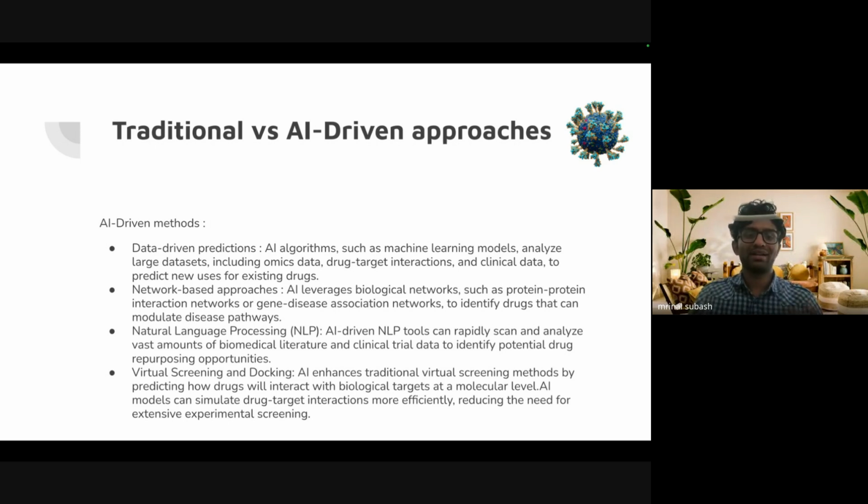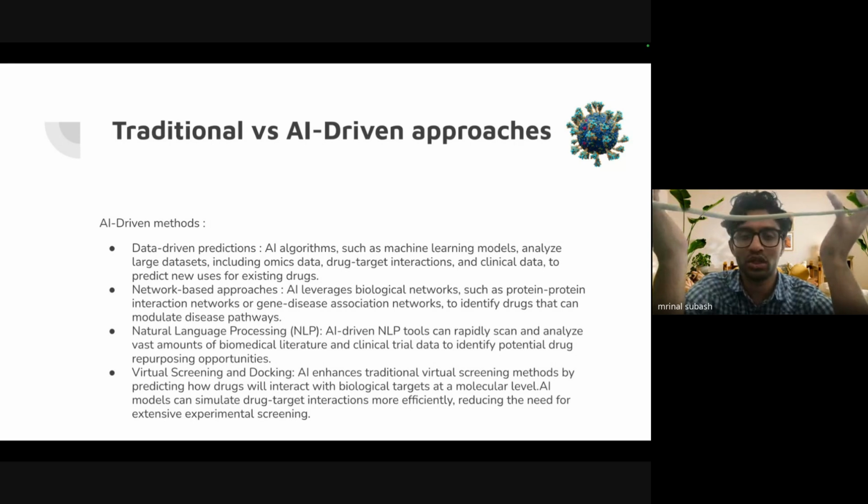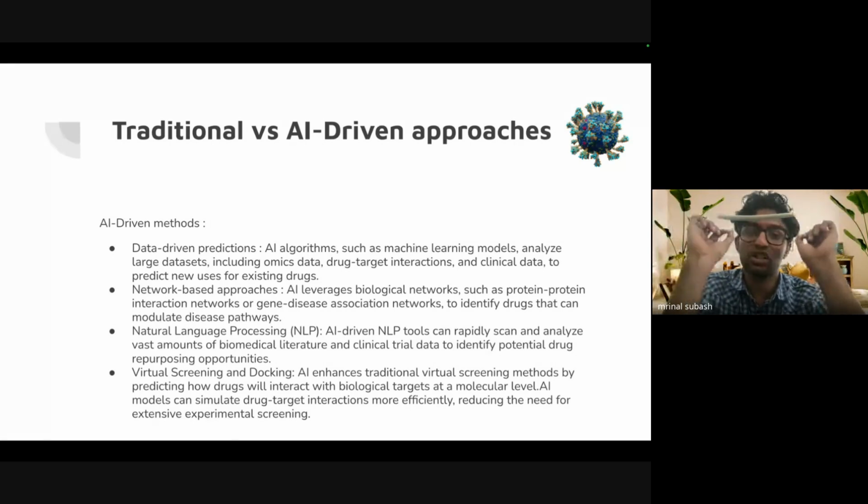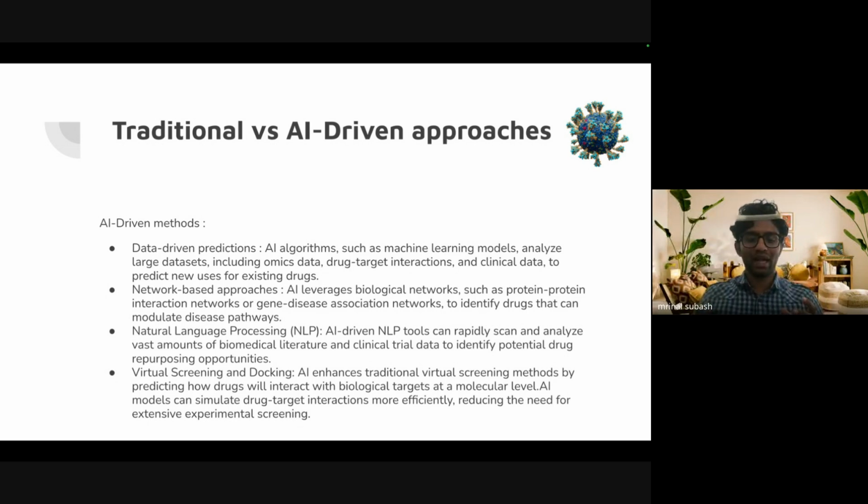So another method is natural language processing. Natural language processing can rapidly scan and analyze vast amounts of biomedical literature to identify potential drug repurposing opportunities. So you would have heard of vector embeddings inside a certain vector store, and say you're feeding an AI model certain biological vector embeddings.